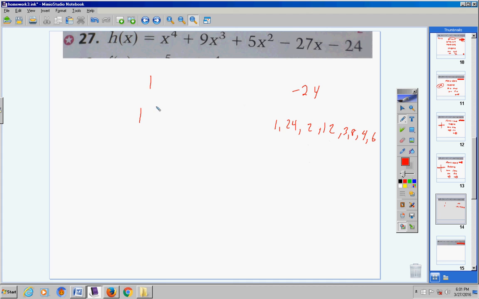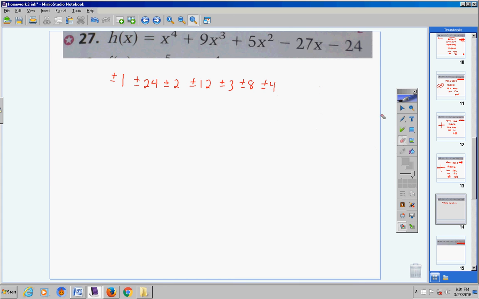Now you're putting 1 over 1, 24 over 1, 2 over 1, etc. So my possible rational zeros will be positive negative 1, plus minus 24, plus minus 2, plus minus 12, plus minus 3, positive negative 8, positive negative 4, and positive negative 6.